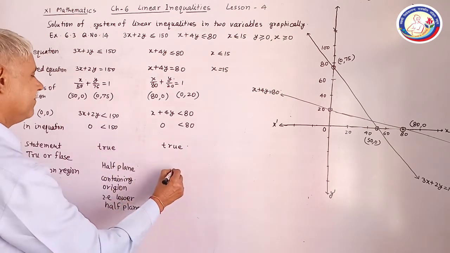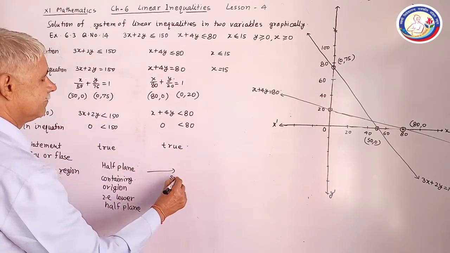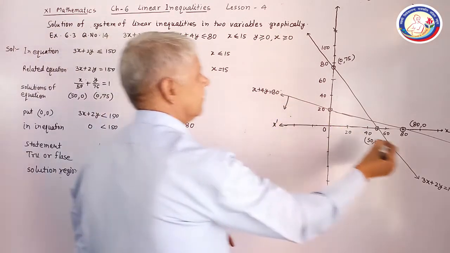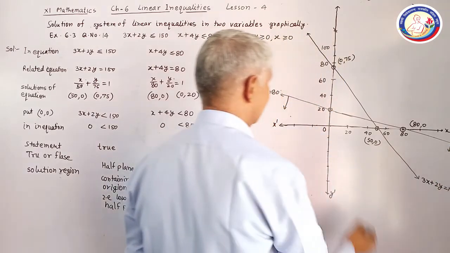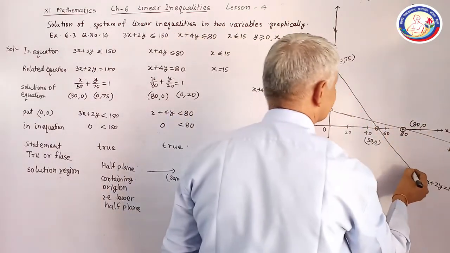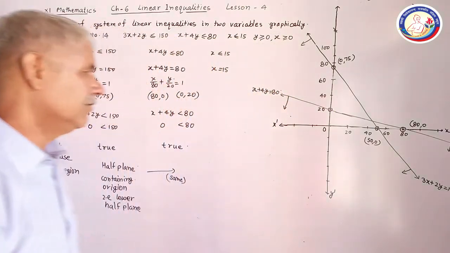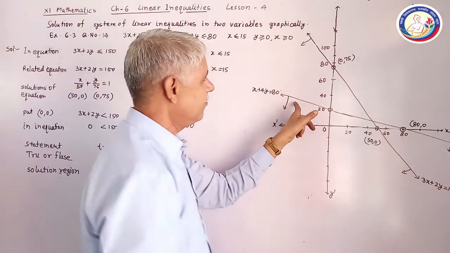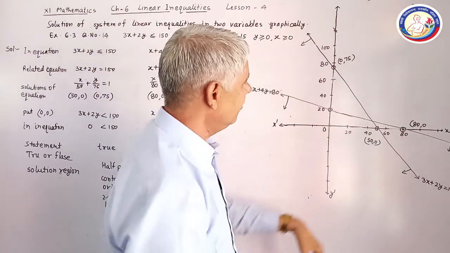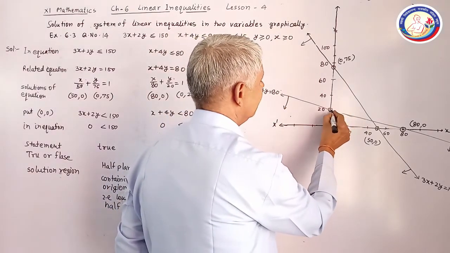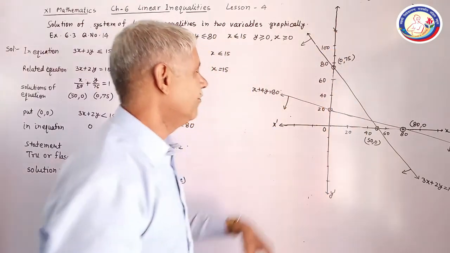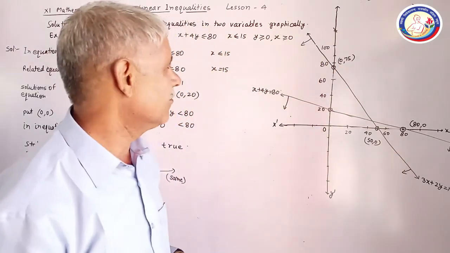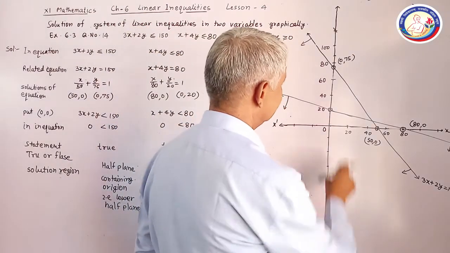And here also the same condition. So the solution area will be this plane below this line, and here also below this line. So we have found the solution region for these two inequations: the points on the line as well as the lower half plane. And then for this line also, each point on the line and the lower half plane. The common area is this much.